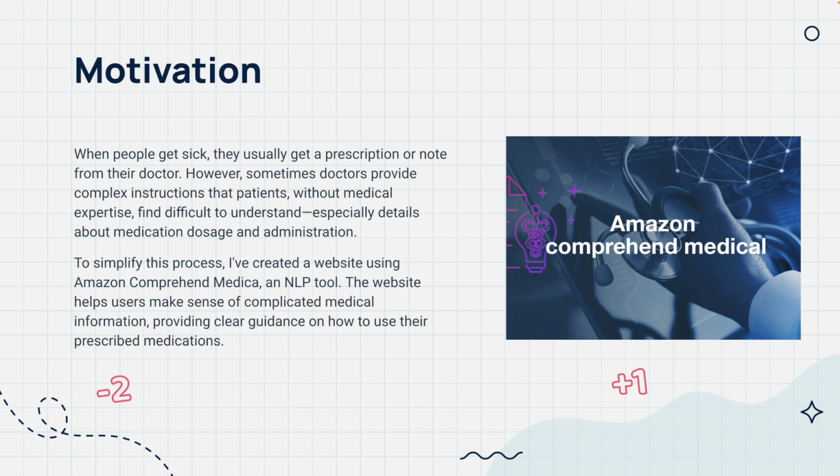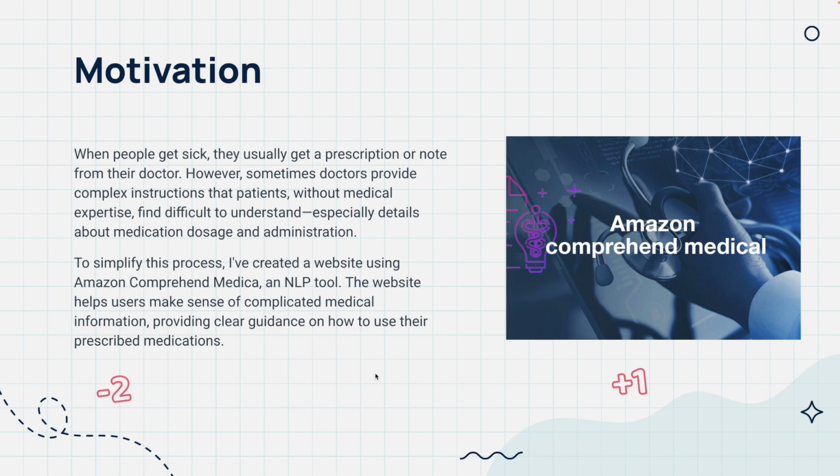Because you're in the US, the doctor usually gives you prescriptions, and sometimes people don't have that professional medical knowledge, and for non-native speakers it's hard to find the name of the medicine, the dosage, and some other stuff.